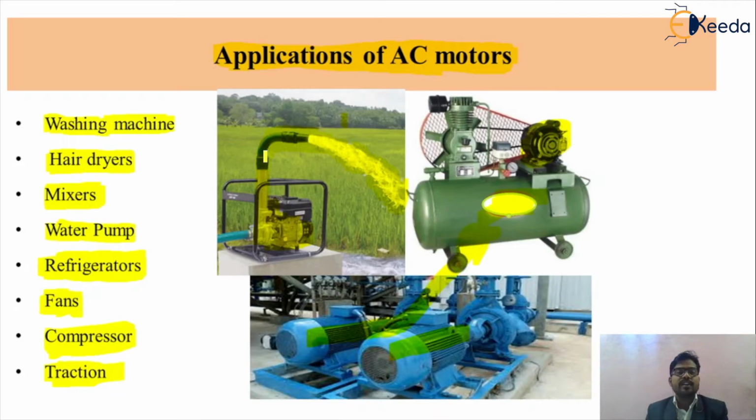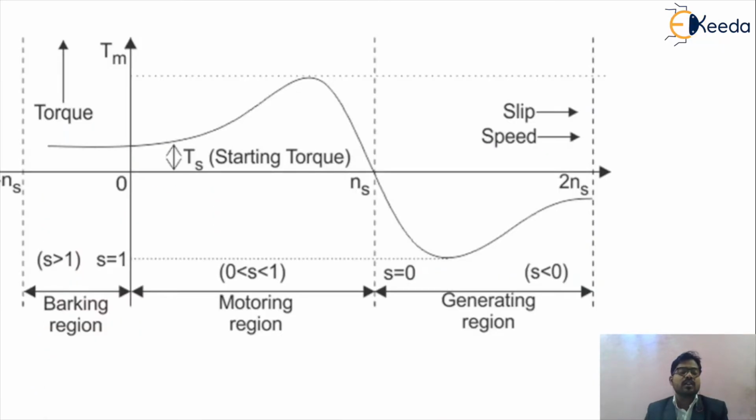So friends, now we can understand the torque speed conventions of the induction motor. For drawing the speed torque convention, this is the torque of your motor, TM, and this is the speed of your motor.